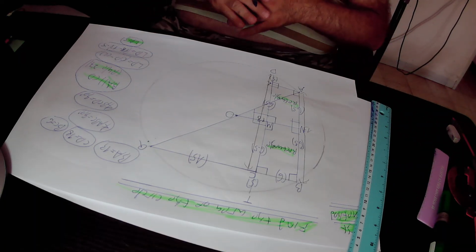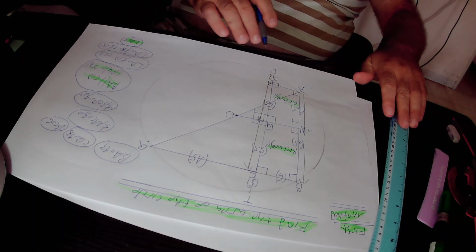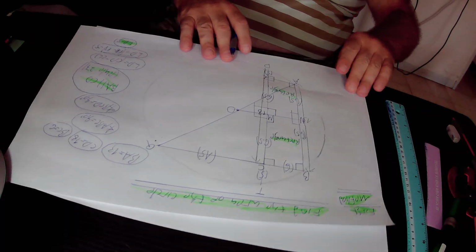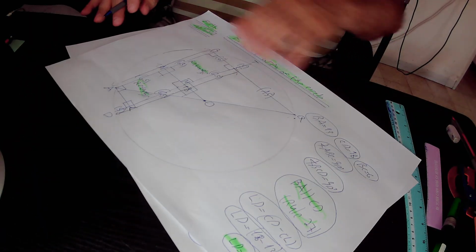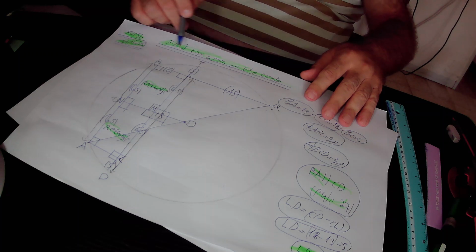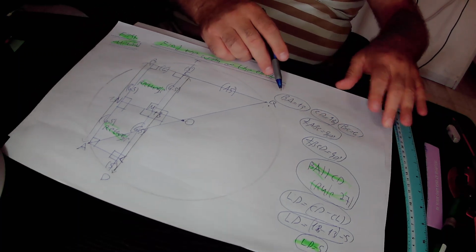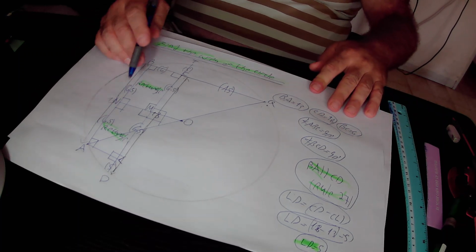By joining points Q and A, we can make triangle QBA. This is triangle QBA.